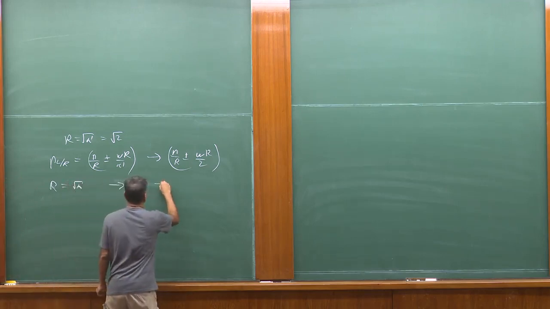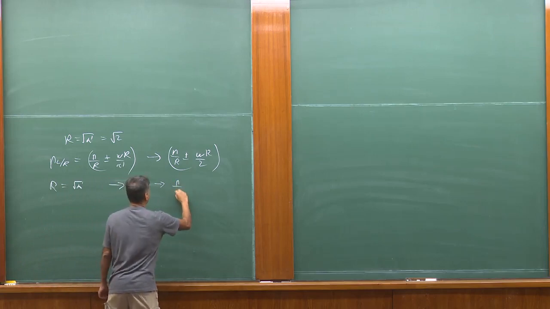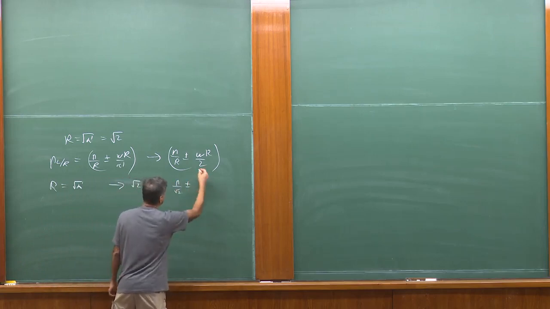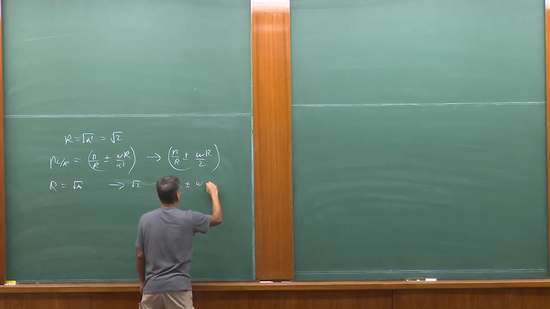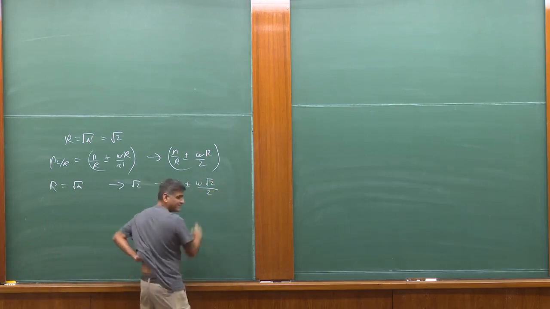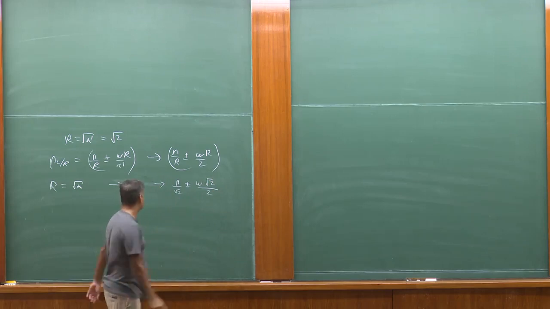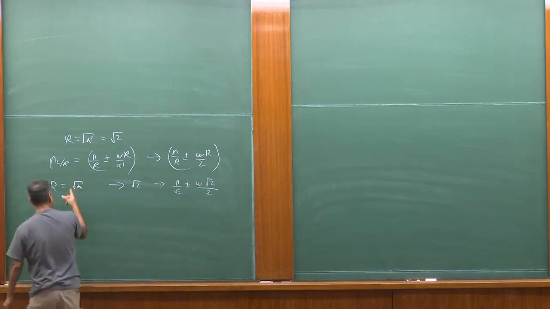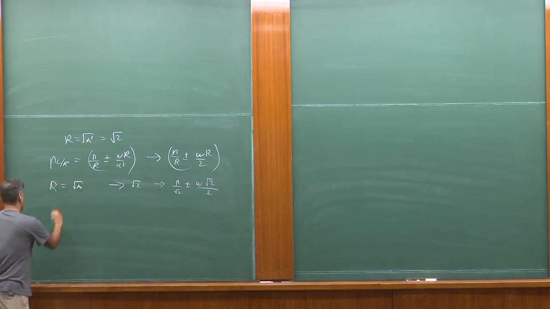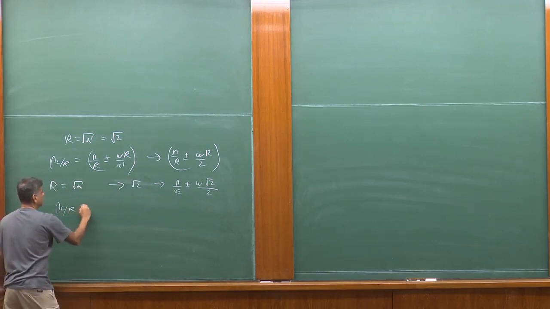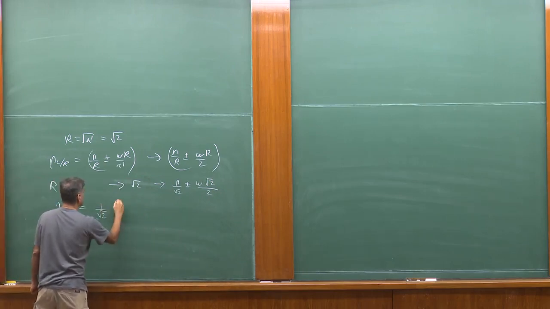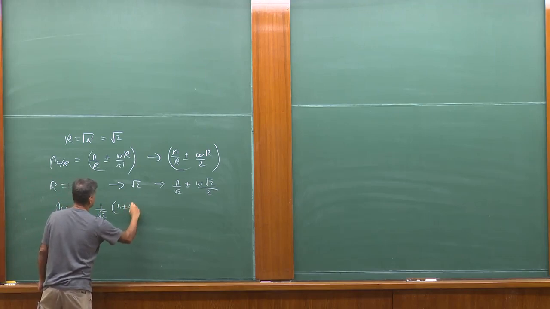So we get n by square root 2 plus minus omega. Now r by 2 is square root 2 divided by 2, so this is also 1 by square root 2. So at this value of the radius, PLR is equal to 1 by square root 2 times n plus minus omega.